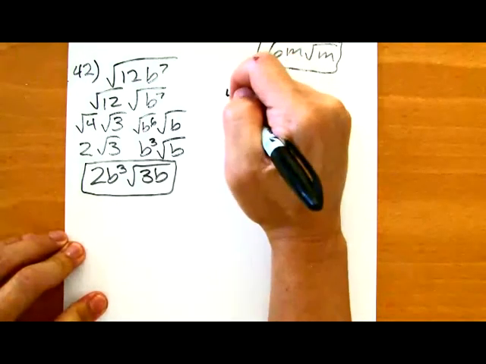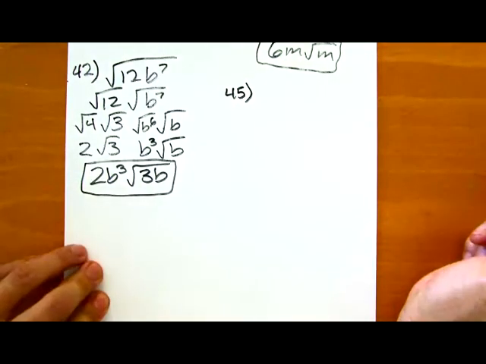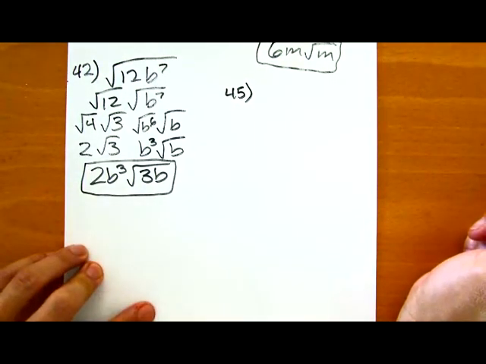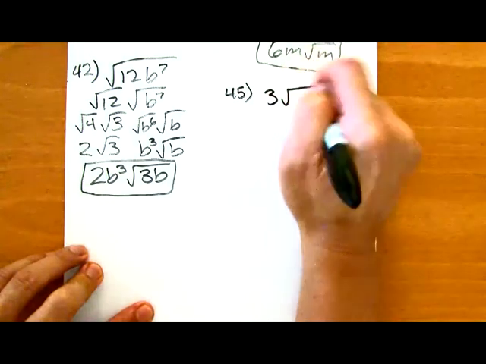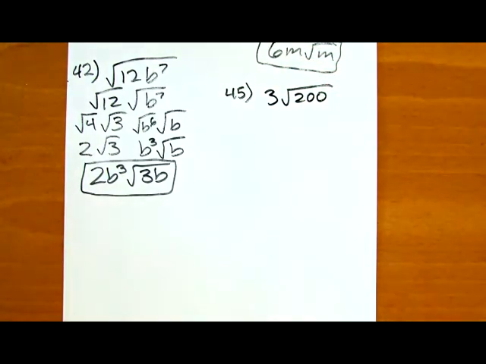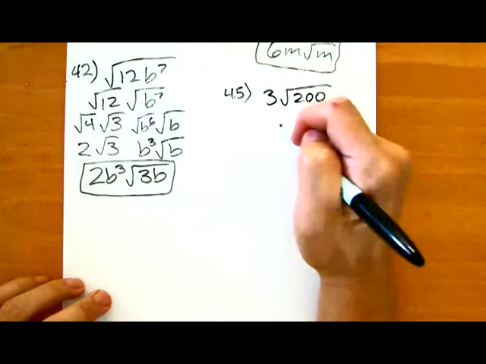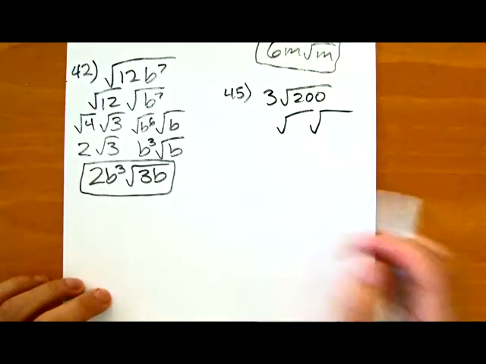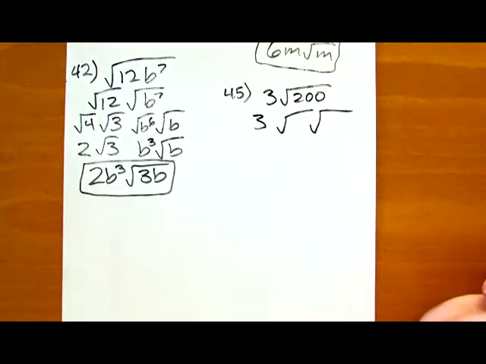45 says 3 radical 200. Oh, okay. You just got to pick wisely for the 200. 25 and 8 works. 4 and 50 works.